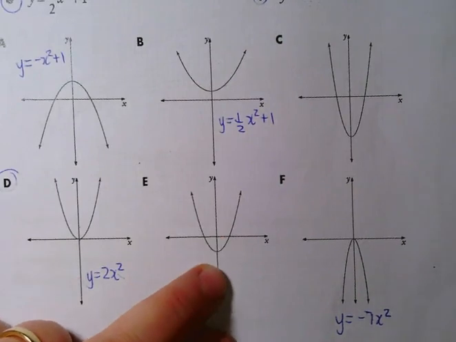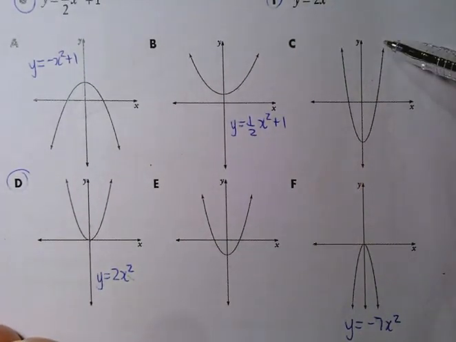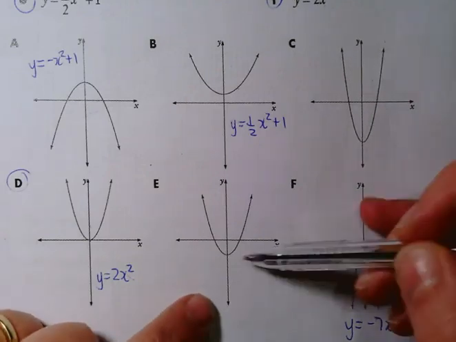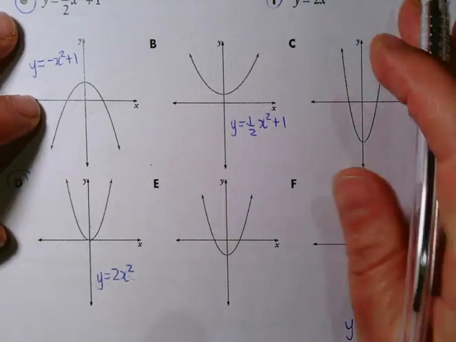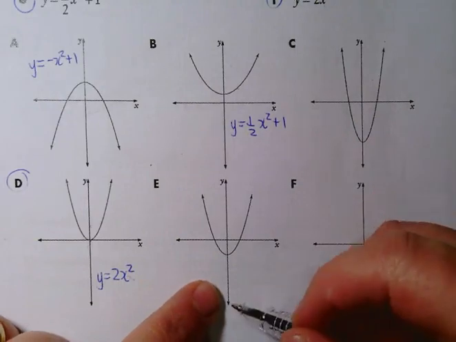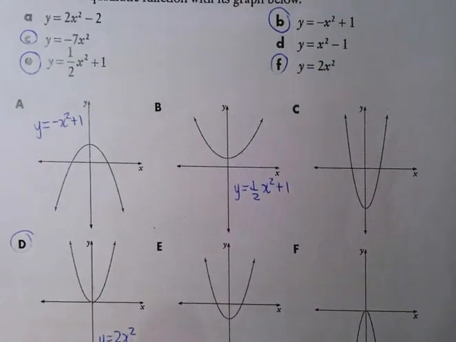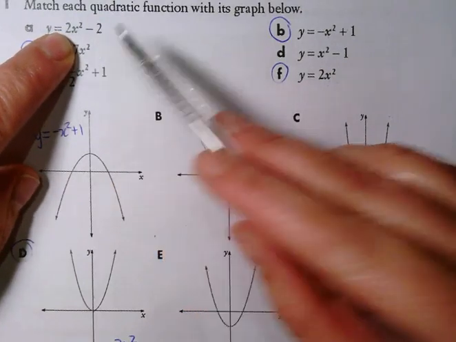Now you just have to choose between C and E. Looks like C is shifted down more, and it's narrower as well, so it'll have a bigger value of a. So let's look. 2x squared minus 2 is steeper and shifted down more.